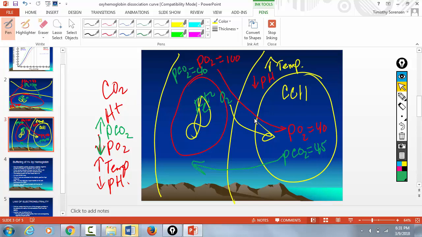And if you followed our little 15-week program, you understood that completely. That's how oxygen delivery to the cells is determined. It's determined by metabolism.